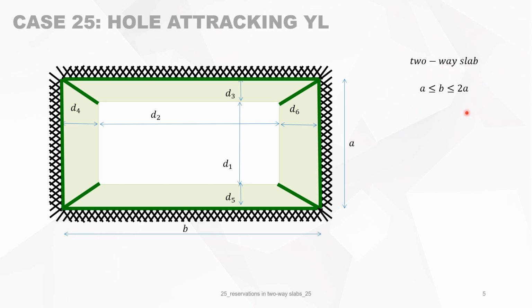The conditions: it's a two-way slab, so B is between A and 2A.